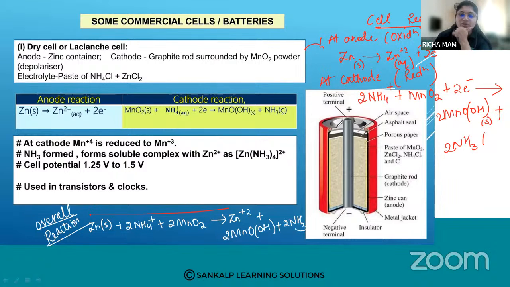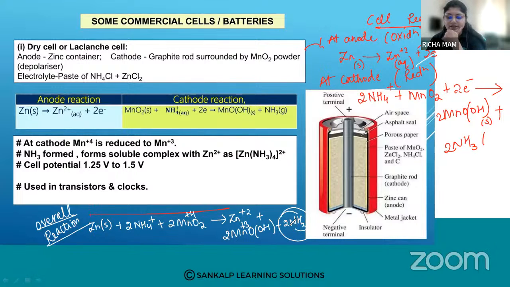Is it clear? So what is happening in this reaction? At cathode, Mn is reduced from Mn plus 4 state to Mn plus 3. And NH3 is produced.